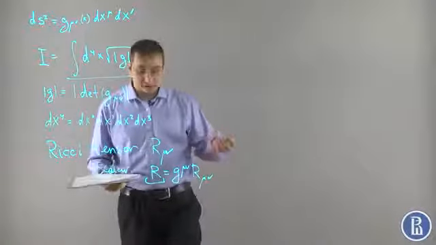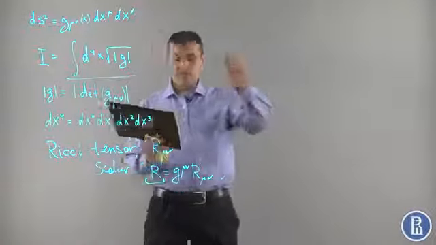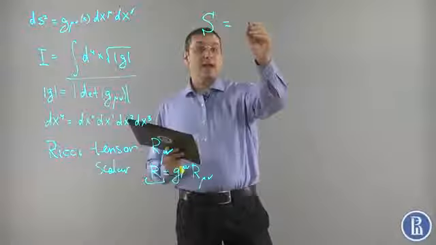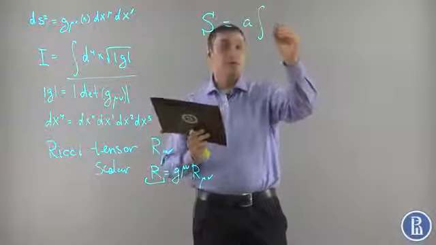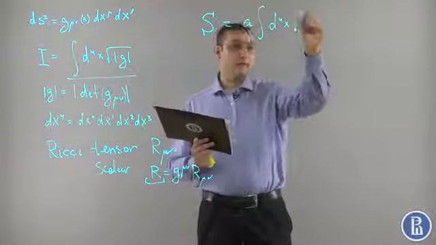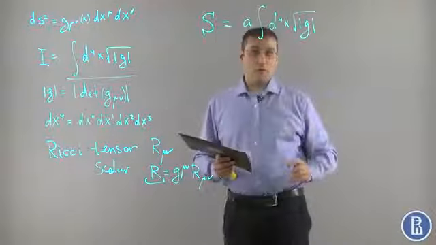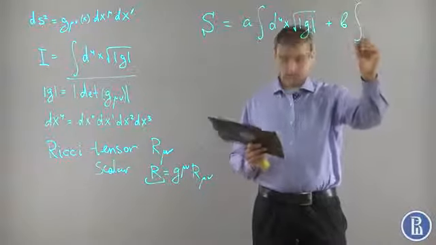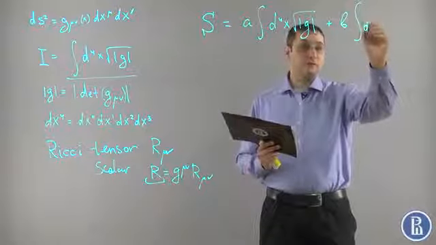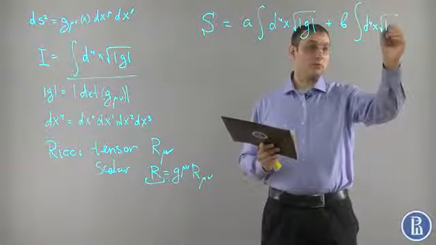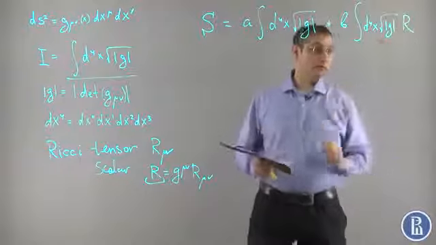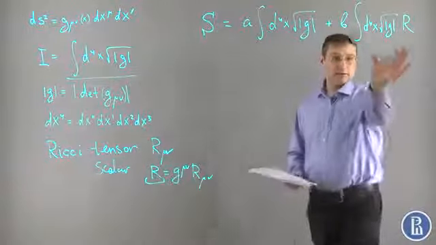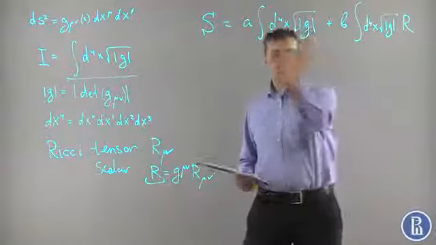So the proposal for the action is as follows. S is equal to a times the integral of d^4x square root of modulus g, plus b times the integral of d^4x square root of modulus g times R. These are the two simplest invariants that one can write, and the second already contains derivatives, unlike the first one.